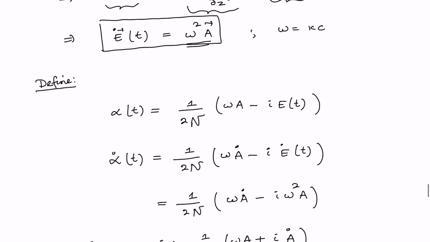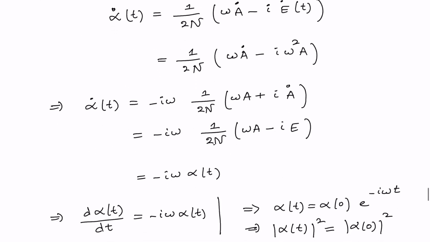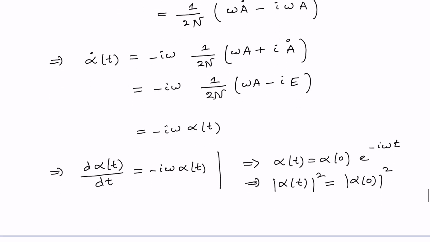After that we define a dimensionless quantity alpha of t as this. It's a mathematical trick that I am applying: omega A minus i E, times n, and n is a constant which we can choose later on. Then you can easily follow this mathematics: we can show that alpha dot t satisfies d alpha by dt equal to minus i omega alpha t.